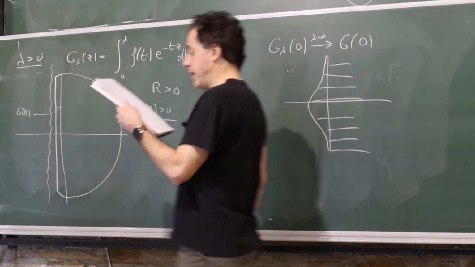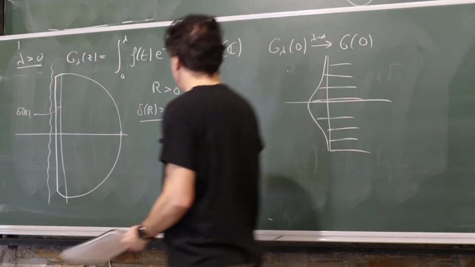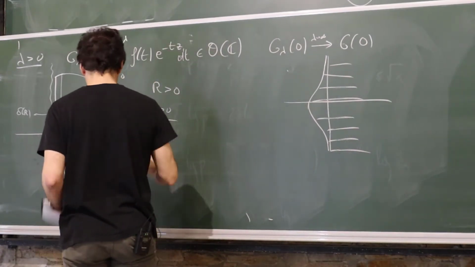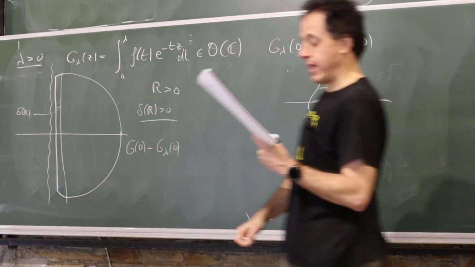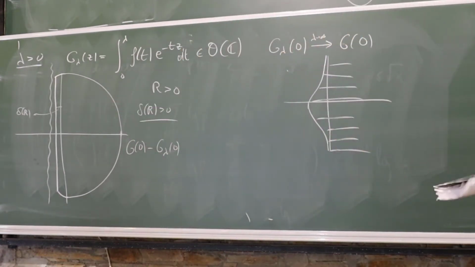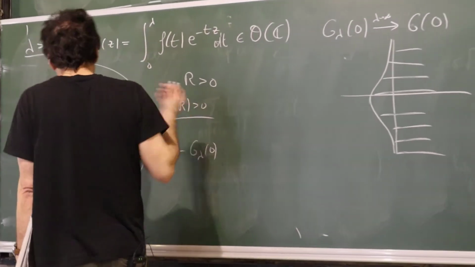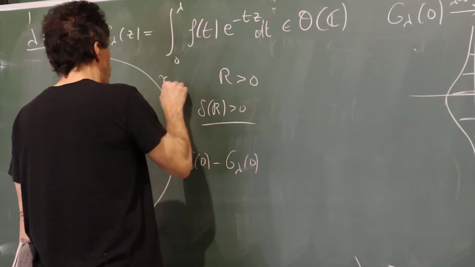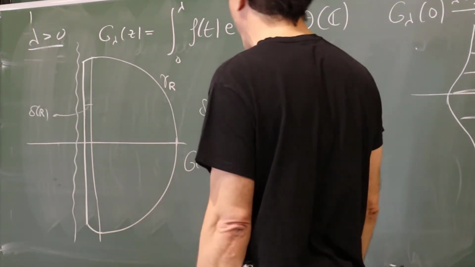Okay? And let us consider the following integral. Let us consider the value g of 0 minus g lambda of 0. And we're going to write this value in the following tricky way. There are a lot of tricks in this proof. Call gamma of r this path here, oriented counterclockwise.